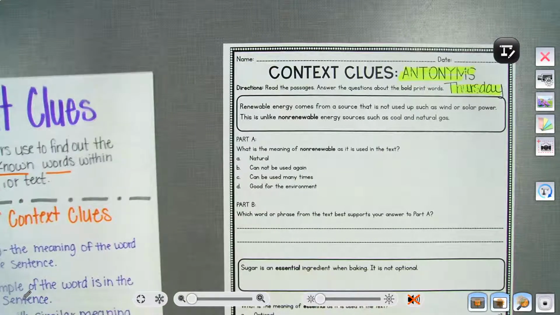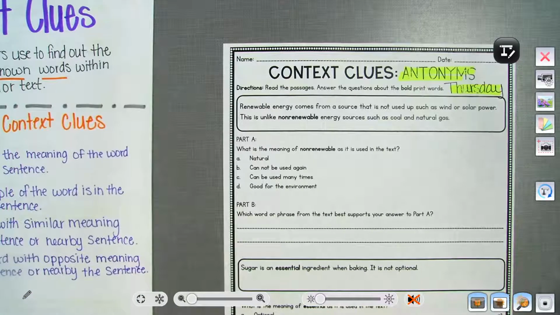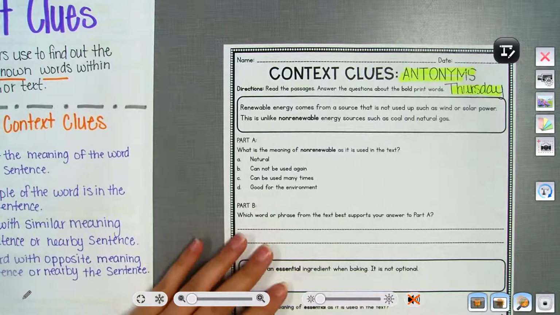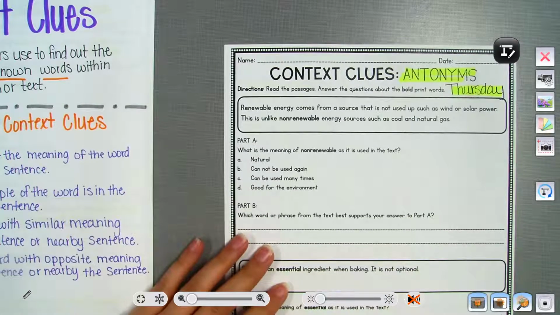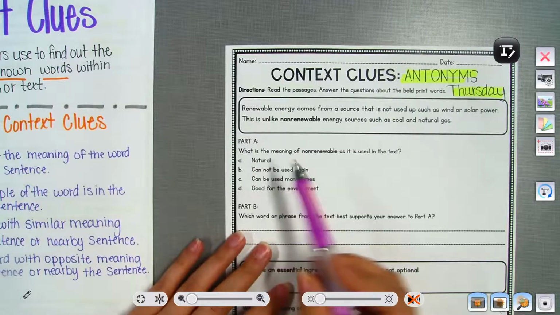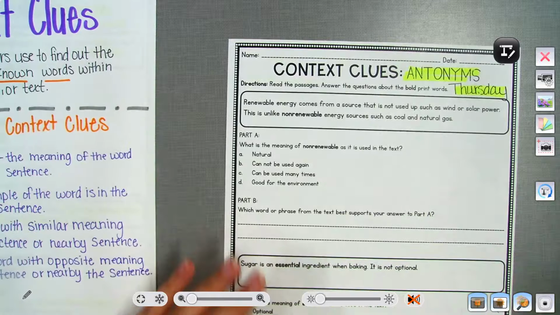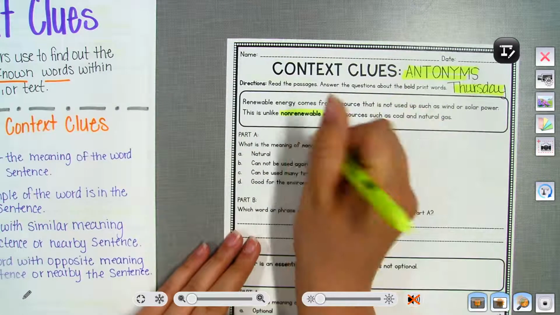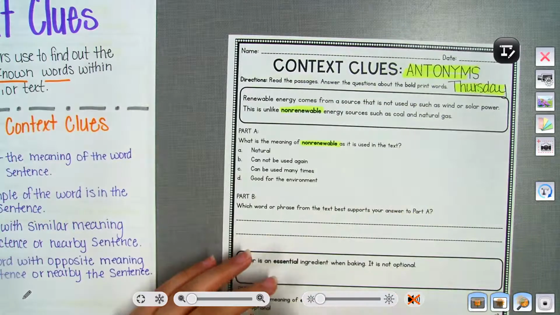It says renewable energy comes from a source that is not used up, such as wind or solar power. This is unlike non-renewable energy sources such as coal and natural resources. What is the meaning of non-renewable as it is used in the text? So my word is non-renewable. So let's kind of see. Let's go back.